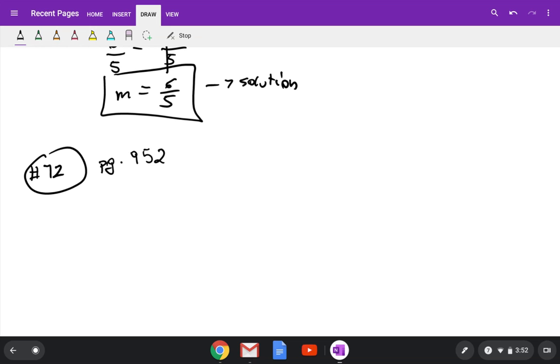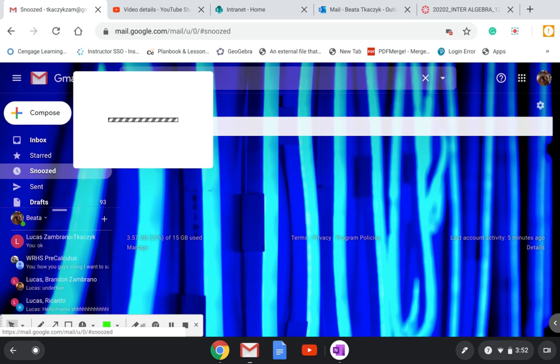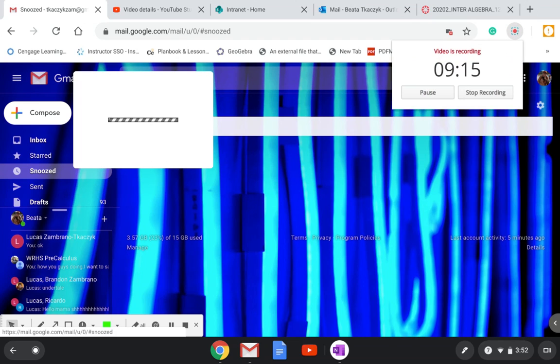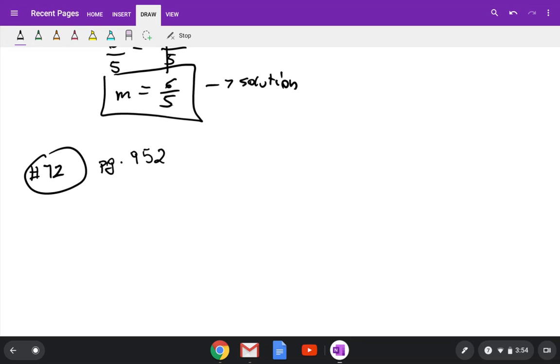Okay, going back, I quickly solved it so I don't need to stop and bring my calculator. This problem is about distance. Whenever you have distance, rate, and time, you apply the distance formula, which is rate times time.